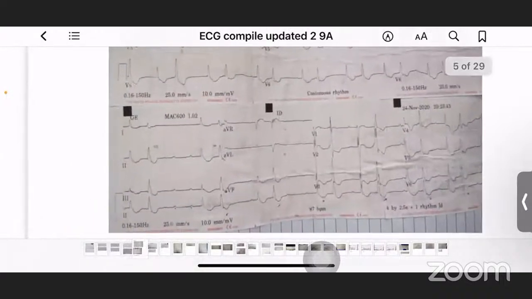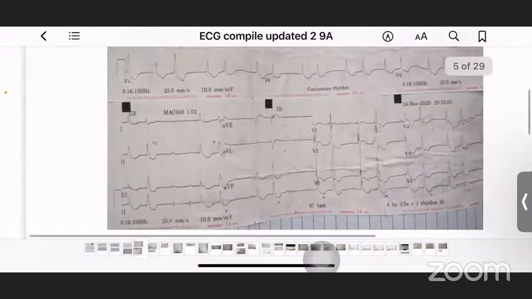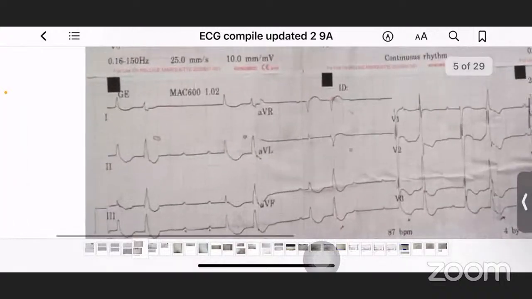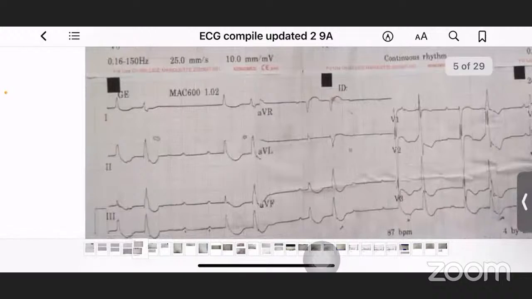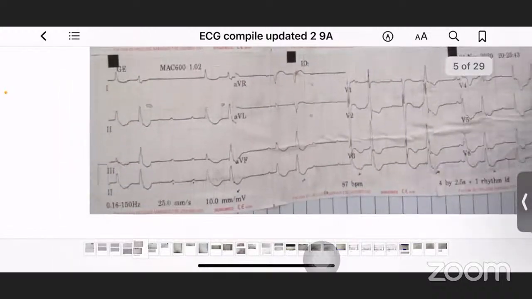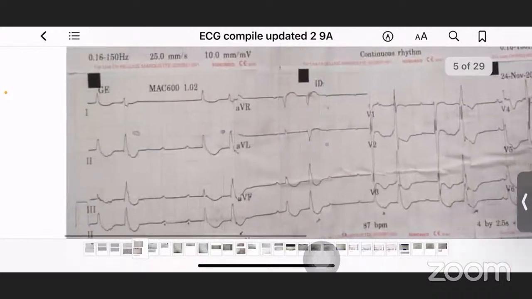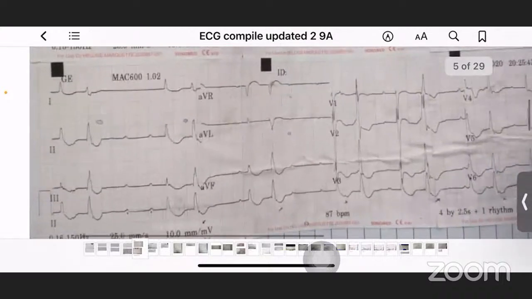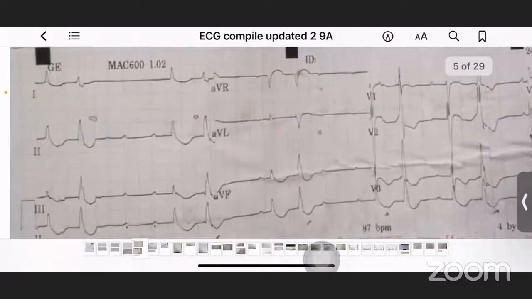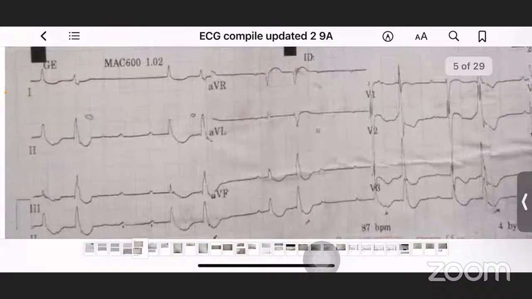Okay, so this one is irregular, correct? Irregularly. Now you see some P wave, but not conducted by QRS. So now the question is, there is also some T inversion, ST depression.